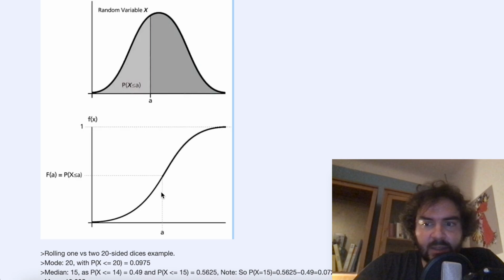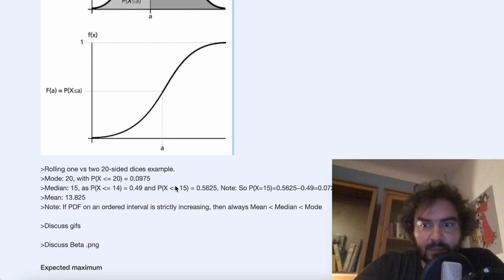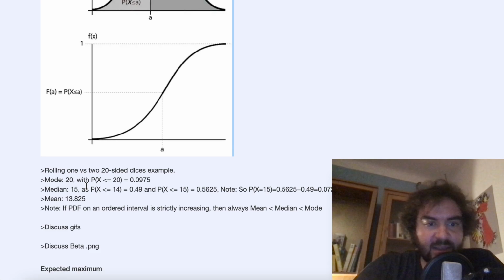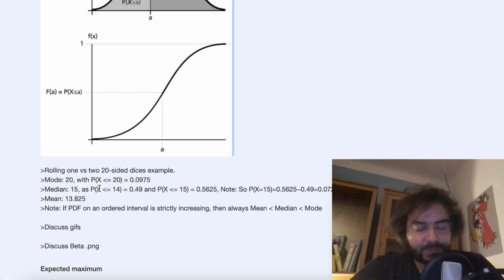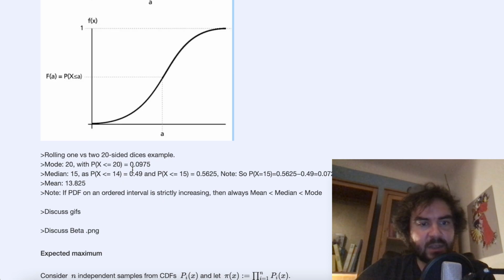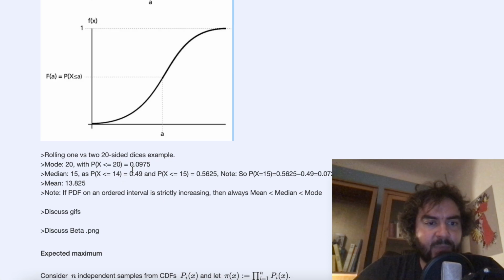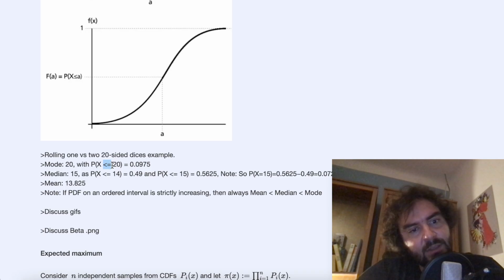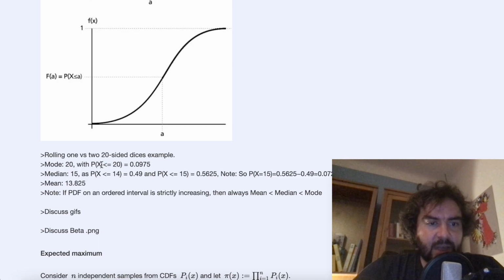Here, if you're interested, below I have these numbers tabulated for the 20-sided dice. I have calculated this by hand. So if you do this game with 2 dice, you get a mode, a maximum likely roll, of 20, and it's not even small, it's almost 10%. No, sorry, that should be an equal sign. So here I drew smaller equals, but it should be exactly 20.